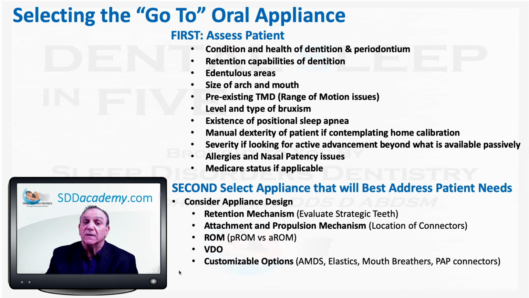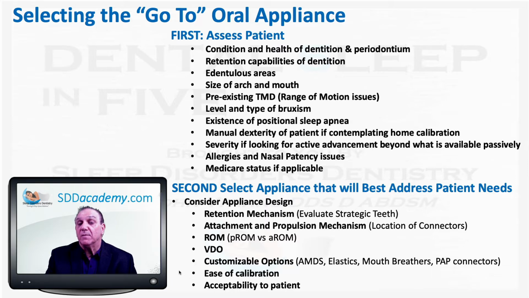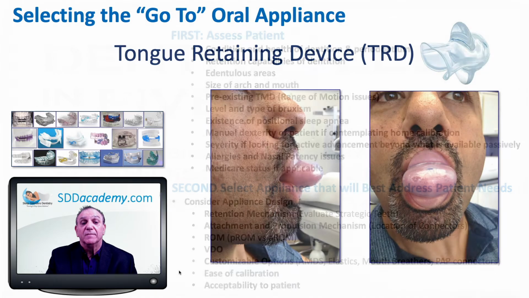Customizable options, anterior midpoint excluding stops, elastics, options for mouth breathers, PAP connectors, ease of calibration, acceptability to the patient. We need that patient buy-in if they're going to be putting it in the mouth every night.